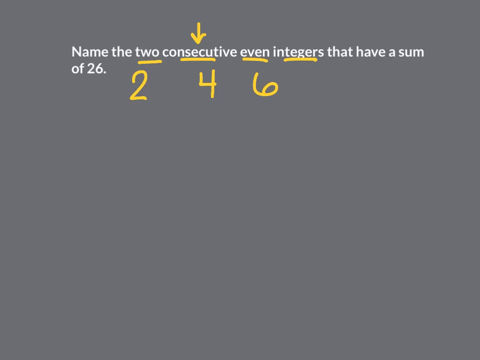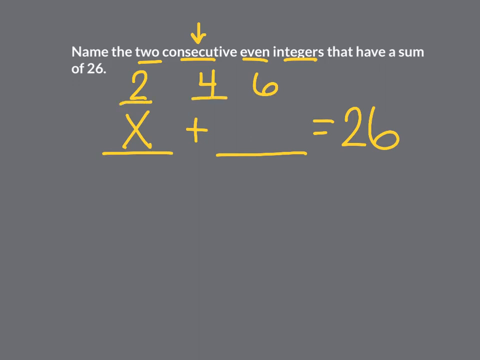When we add them together, we get 26. But we don't know what the first number is, so we're going to call it x. But I know if I add it to the next consecutive integer, I'll get 26. If I look at these consecutive even integers, what did I do to 2 to get to 4?